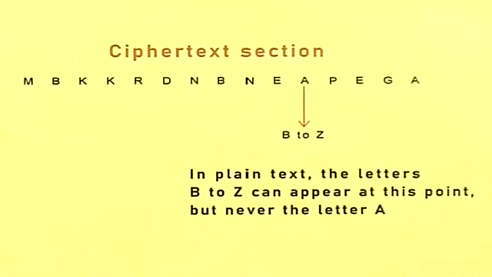Here's an example. At one place of the intercepted encrypted Enigma ciphertext message was the letter A. That means in plaintext the letters B to Z can appear here, but absolutely never the letter A.